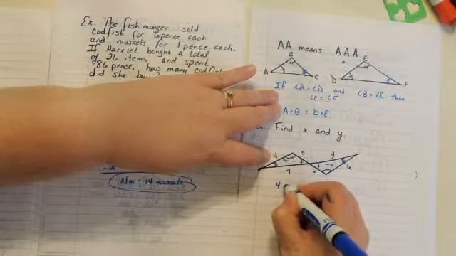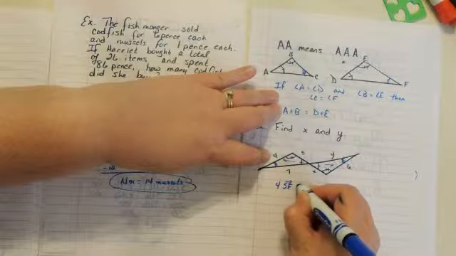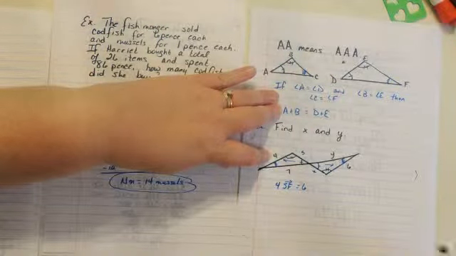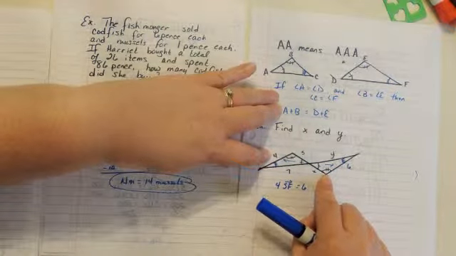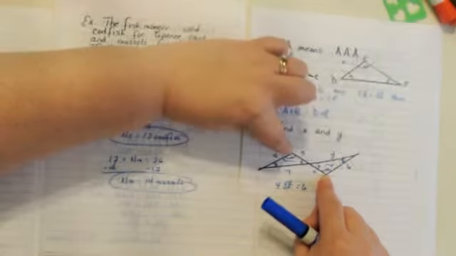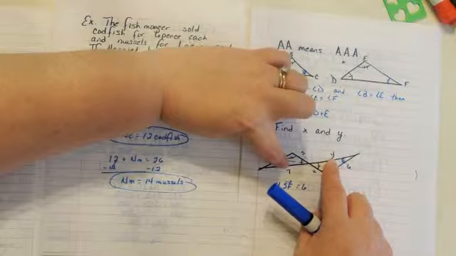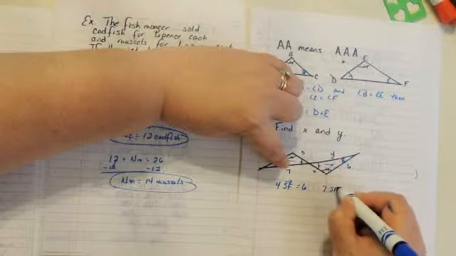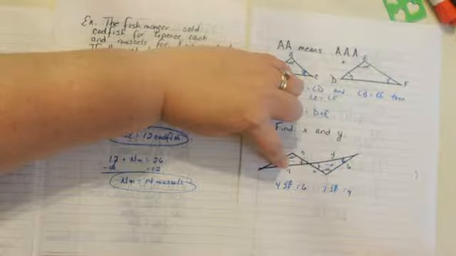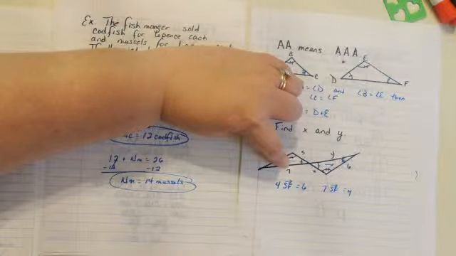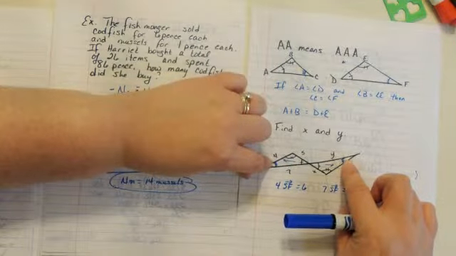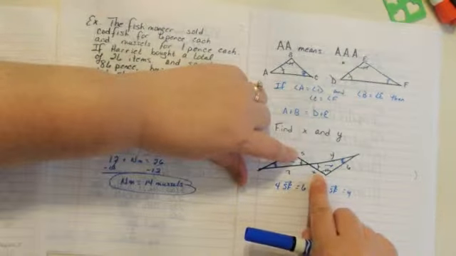So we know that 4 times the scale factor is going to equal 6. This angle goes with this angle, so Y and 7 are corresponding sides. So 7 times the scale factor is going to equal Y. Okay? And we know that this angle and this angle are equal, so these are their corresponding sides.